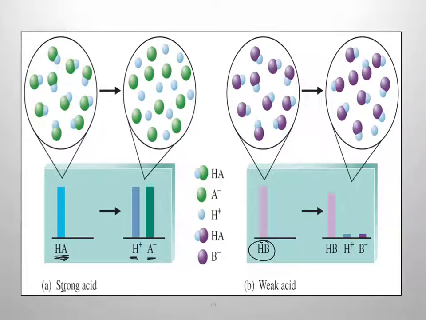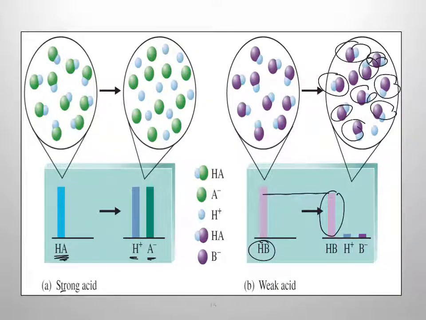It's more reactant favored, so I will still have intact a decent quantity of acid molecules and a very small quantity of dissociated ions, whereas with the strong acid, it all completely dissociated. So this truly will just be an equilibrium reaction.